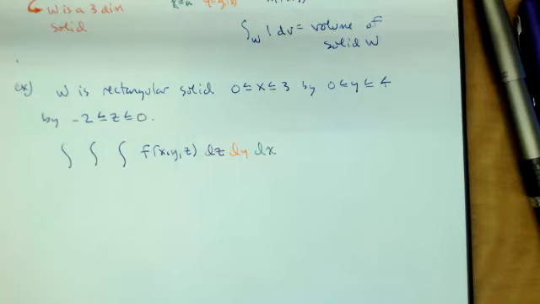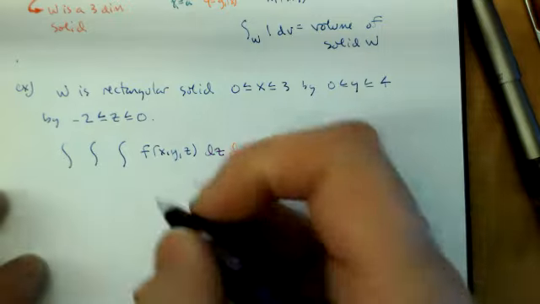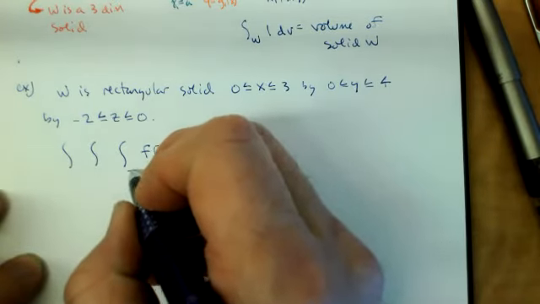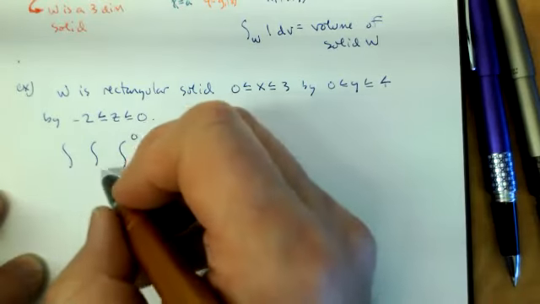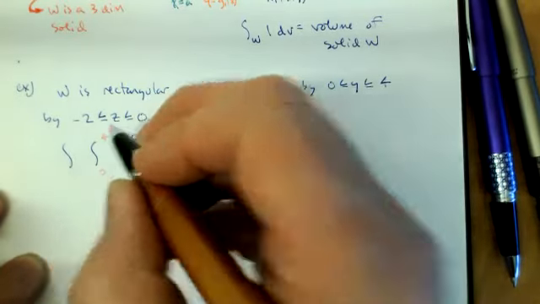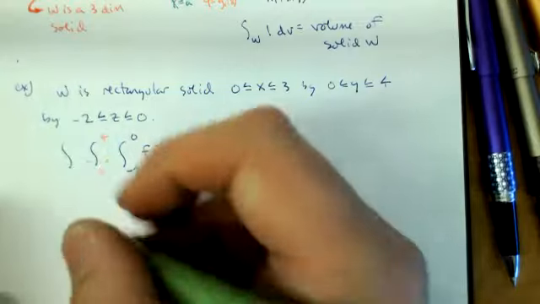The first question we have to ask is what's z between? It's always between the constants -2 and 0. So we just integrate z from -2 to 0. The y's we integrate from 0 to 4. And the x we integrate from 0 to 3.